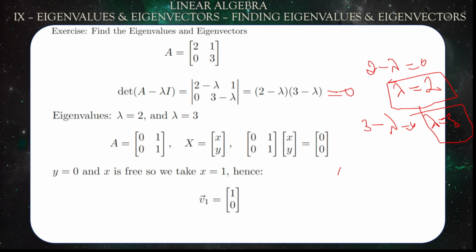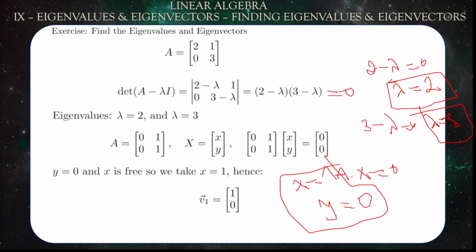We are trying to solve A times X equal to 0 to find the values of x. So 0, 1, 0, 1 times x, y is equal to 0, 0. In other words, x times 0 plus y is equal to 0, so y is always equal to 0. Now x is not solvable, but you assume that x is equal to 1. And we get this eigenvector, v1 is equal to 1, 0. That's the first eigenvector.